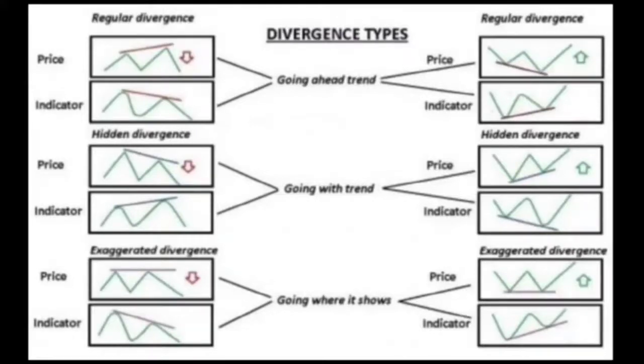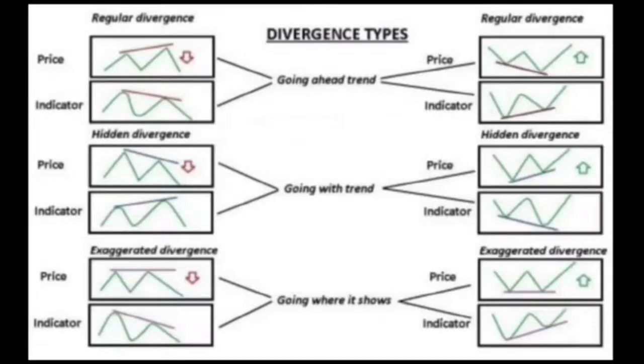If you see divergence on the lows, the lower lows and the higher lows, then it would be a bullish situation in the market, indicating the direction it's going. When you're looking at it from a downside aspect, it would be the higher lows, the higher highs, as well as the lower highs. So make sure you take that into consideration.